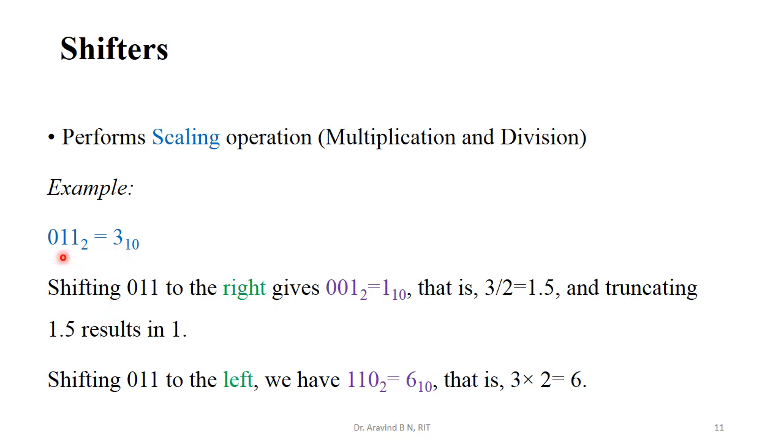Make a shift of this 0, 1, 1 towards the right by 1 value. It is going to end up with 0, 0, 1. After shifting 1 to the right, the rightmost value has gone out. Therefore, remaining is 0, 0, 1 in binary, which is equivalent to 1 in decimal.